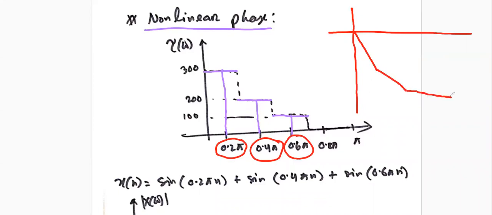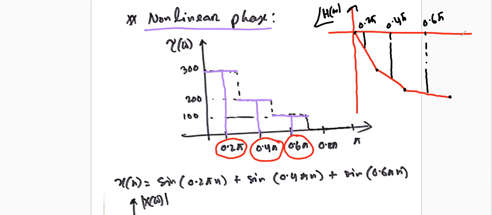Now you can see that there are 3 sections: 1 section, 2 sections, and 3 sections. Maybe this is marked as 0.2 pi, this as 0.4 pi, and this as 0.6 pi. This is with respect to the angle of your filter, and this is your omega. So everything should be very clear.